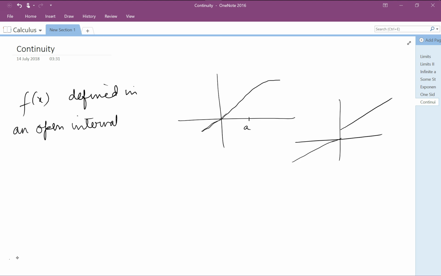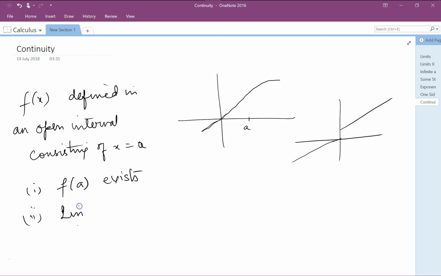Within this open interval, we might be interested in a particular value of x, x equal to a. Then three conditions have to be satisfied for the function to be continuous. First, f of a itself should exist. Second, the limit as x approaches a of f of x exists.